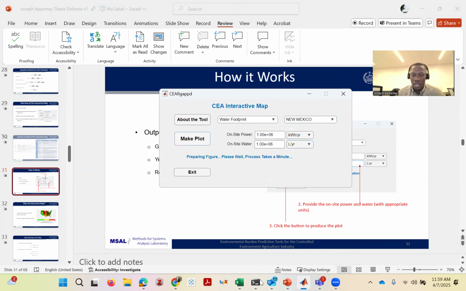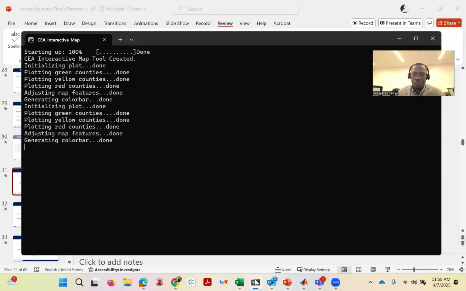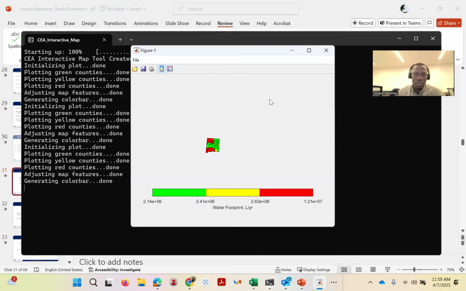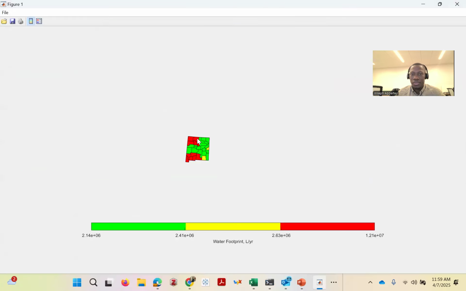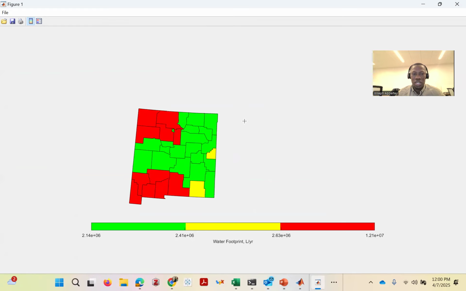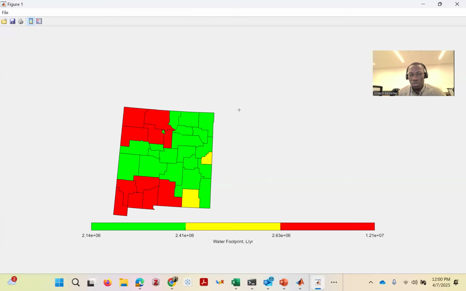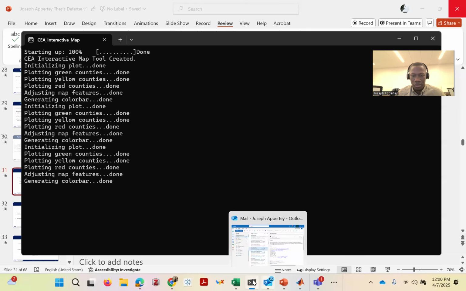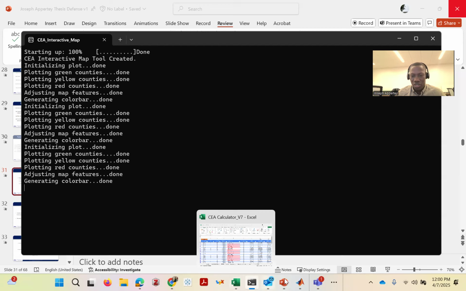After that, I have to click on the Make Plot button, and then it will quickly make a plot for me, which can be zoomed, and then I'll be able to visualize my impacts and know which part of that particular state will be better suited for this CEA facility to be situated. So that's a brief demonstration of the tool.